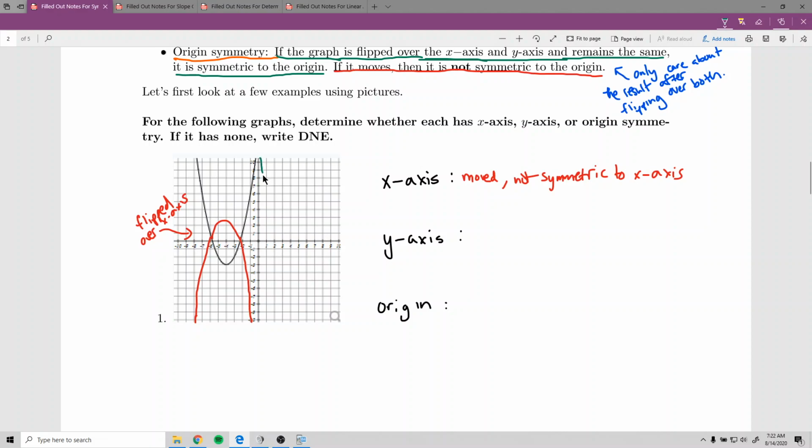Once again, you don't have to be very precise because you're just trying to sketch it. If we flip this over the y-axis, it comes over here. And very literally, the graph moved. So it's not symmetric to the y-axis.